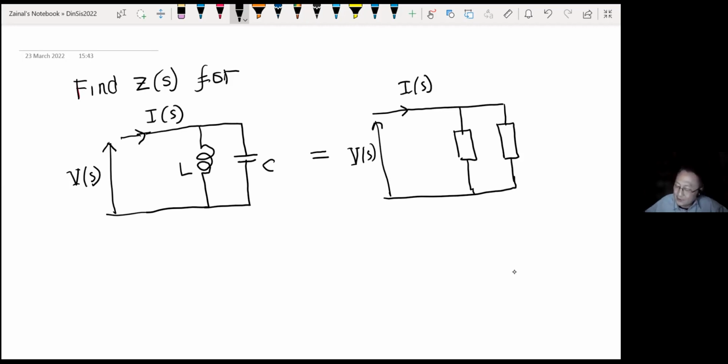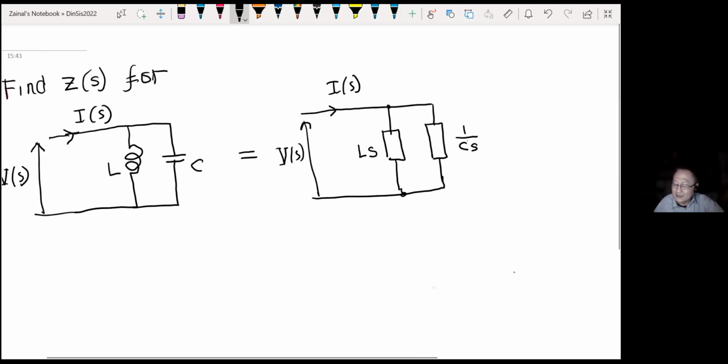This one, we already know, is L multiplied by S, while this one is 1 over C multiplied by S. They are connected in parallel, and in parallel, 1 over G total is 1 over GL plus 1 over GC, similar to resistance.